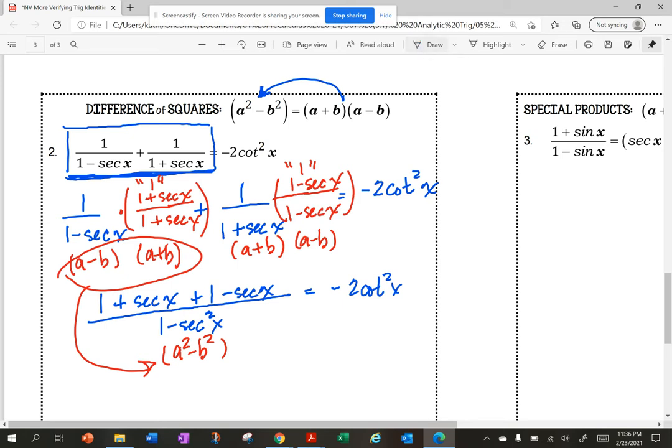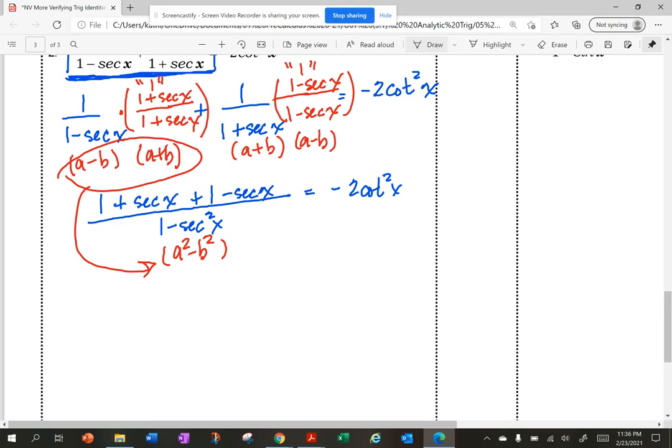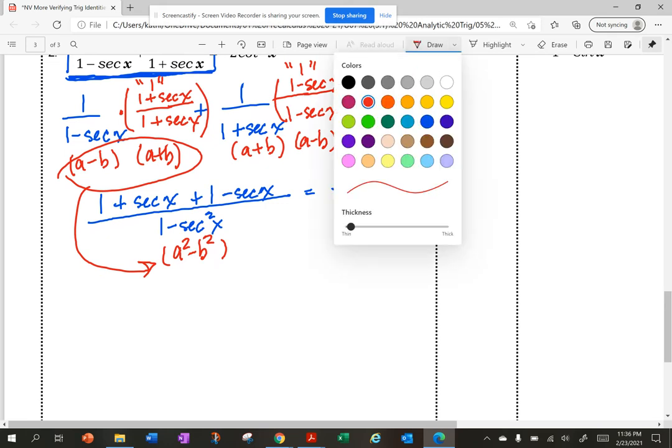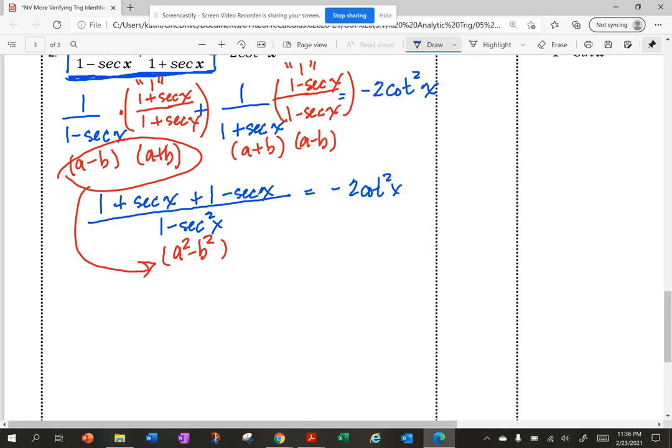So now I'm going to substitute. I know 1 minus secant squared, so I'm going to substitute the secant squared. We said secant squared is 1 plus tangent squared.